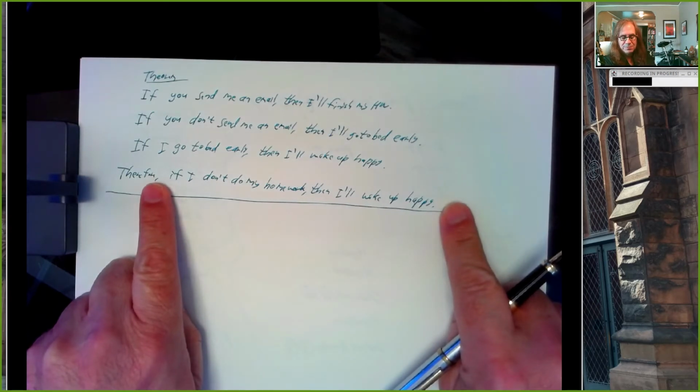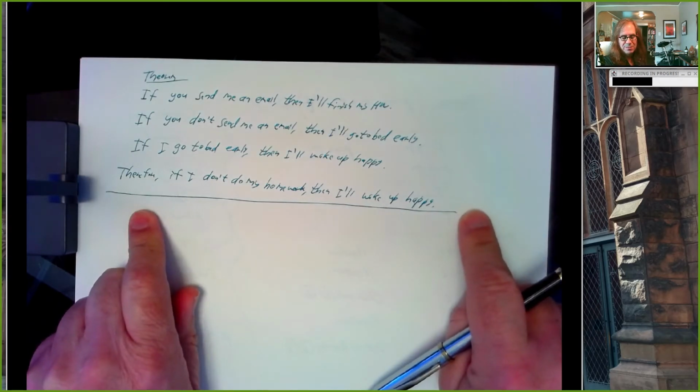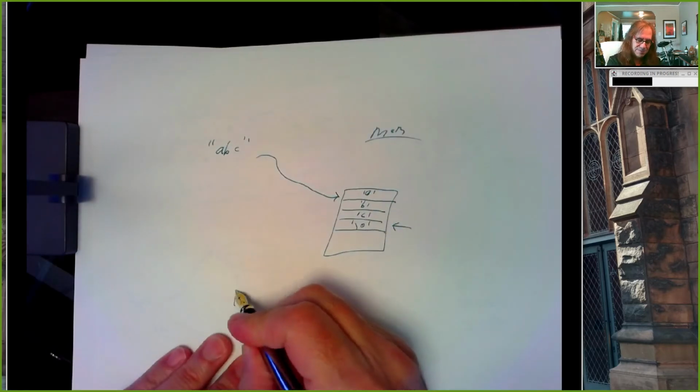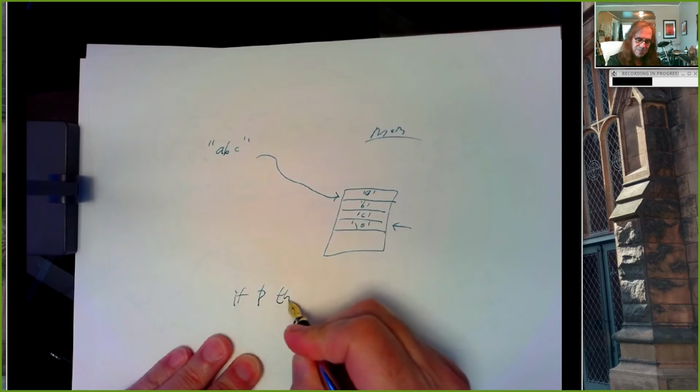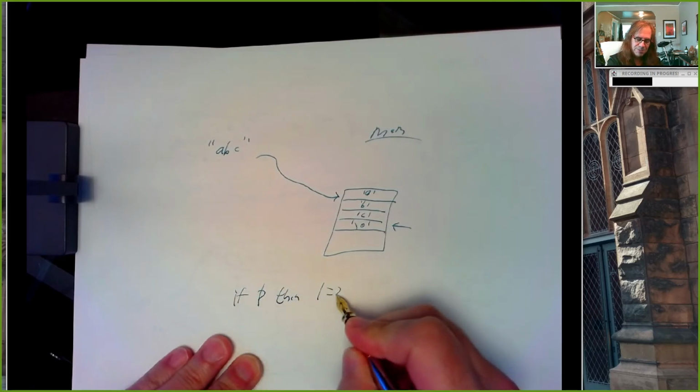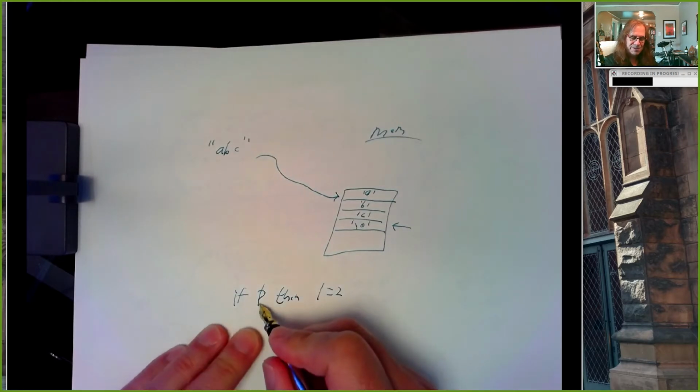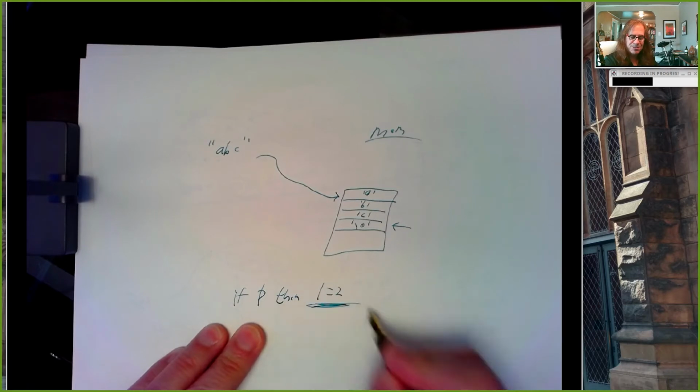Okay, it resolves a certain number of outcomes, but leaves some of them up in the air. Not conclusive. Right, so if P, then 1 equals 2. So if P is false, it makes no claim on whether 1 equals 2.